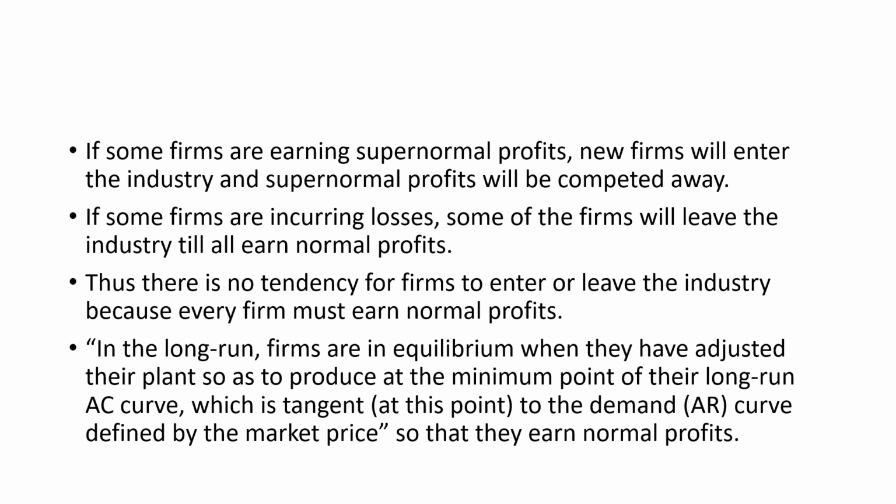Now, if existing firms earn supernormal profit, new firms would enter the industry because they are inspired by the supernormal profit, and they think that if they too enter the market, they would be able to share the supernormal profit enjoyed by the existing firms.